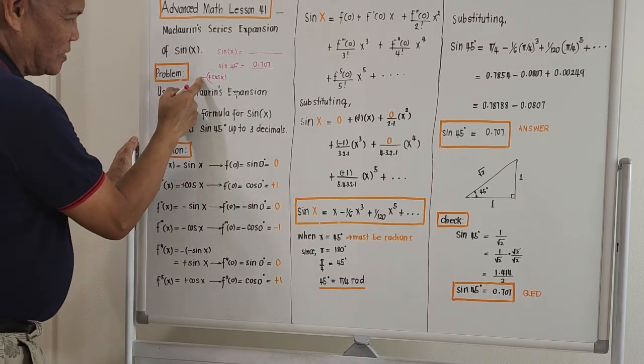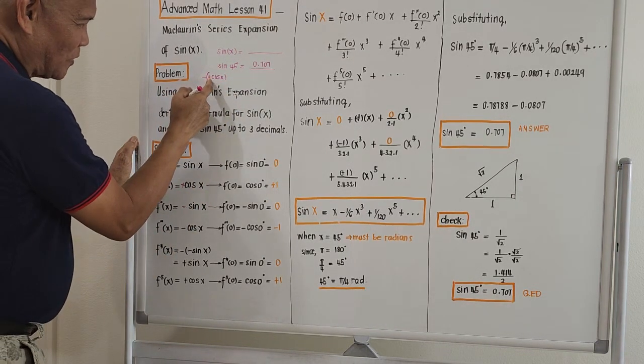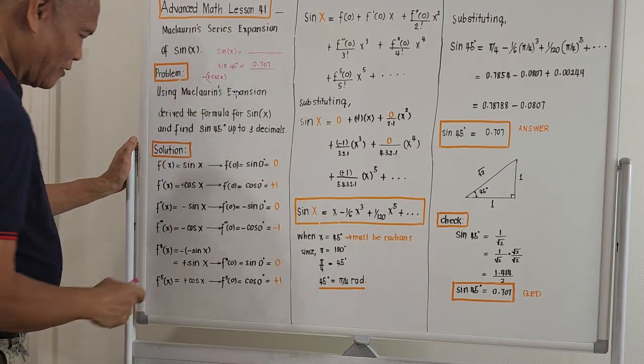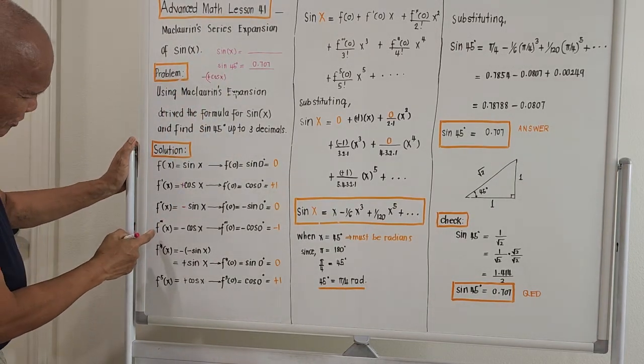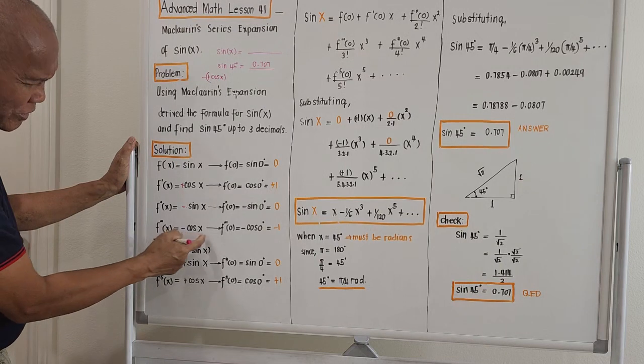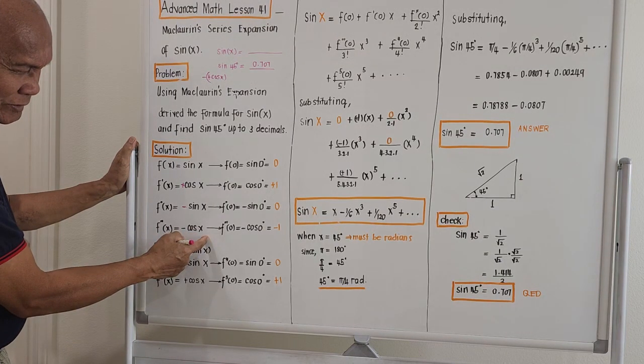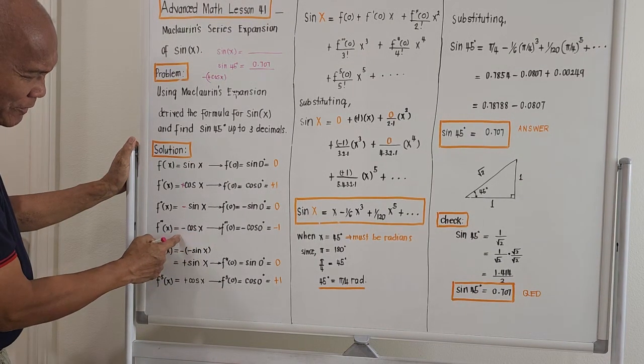So a minus and a plus will be minus. So the third derivative is negative cosine of x. It will still be negative.